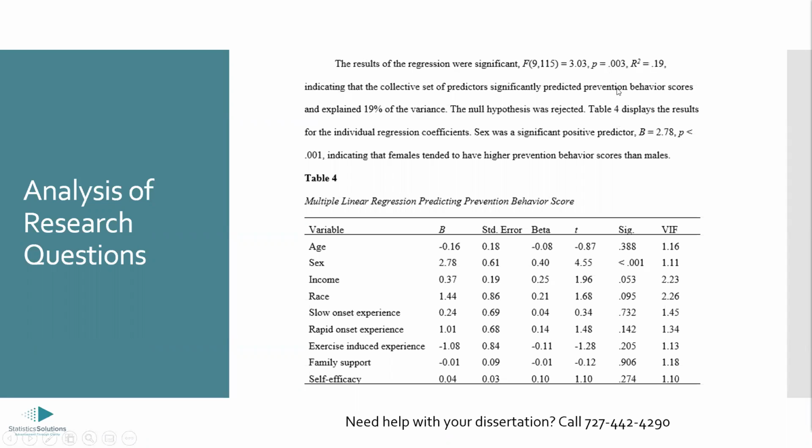And typically in the social sciences, the significance cutoff would be 0.05. So in this case, we see that this p-value is less than 0.05, and that would indicate that the result is significant. And if the result is significant, then we would reject the null hypothesis. If this p-value is greater than 0.05, then we would not reject the null hypothesis. So we would fail to reject the null hypothesis in that case.